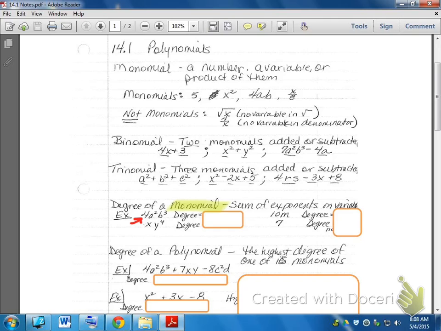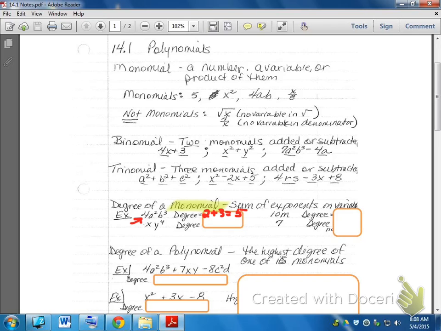How many different variables are there in 4a squared b cubed? Two. There's an a and a b, right? What's the exponent on the a? 2. What's the exponent on the b? 3. So the degree of that term is 5.